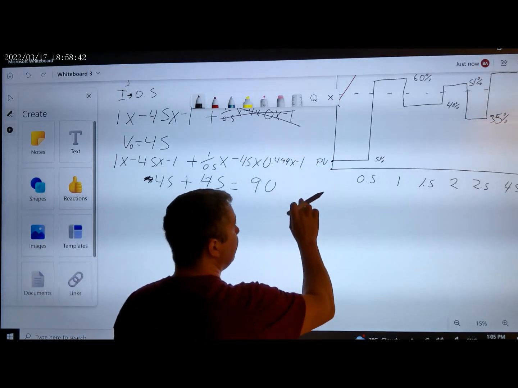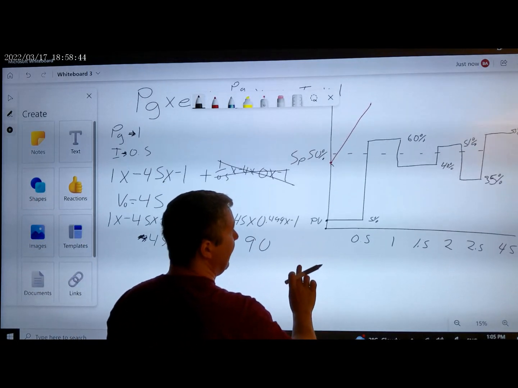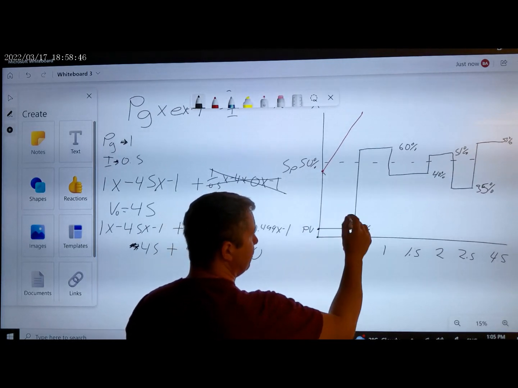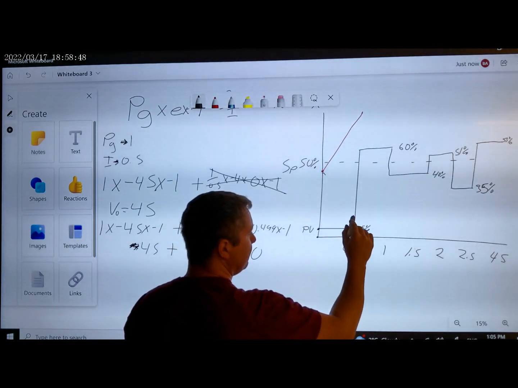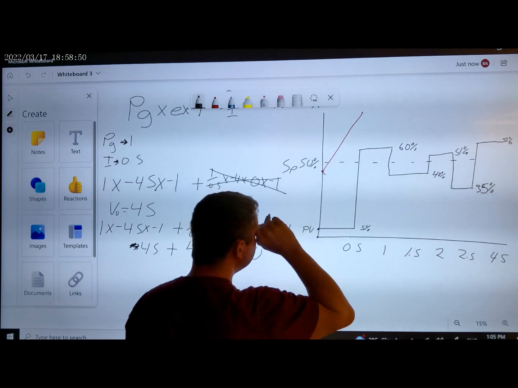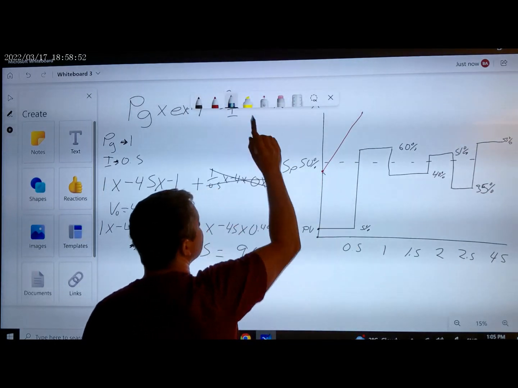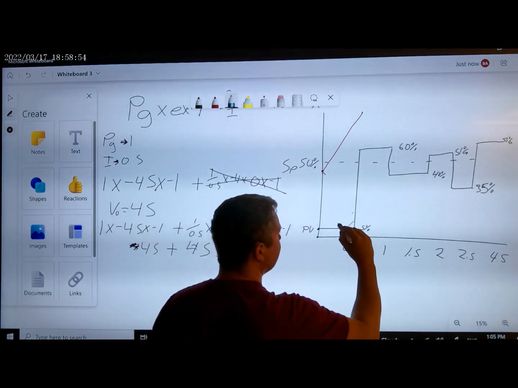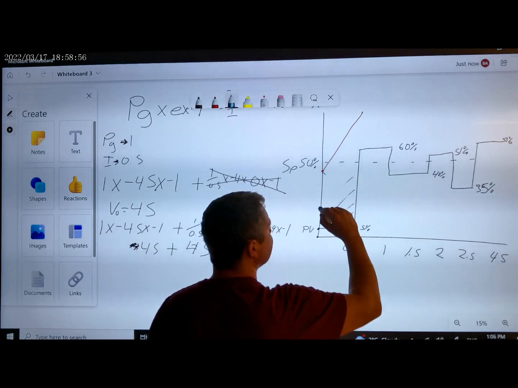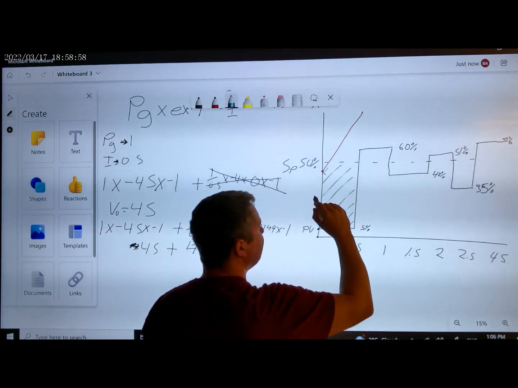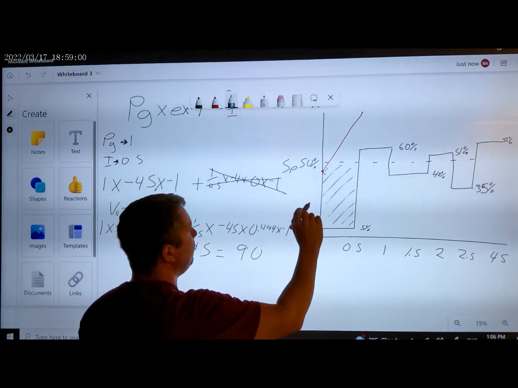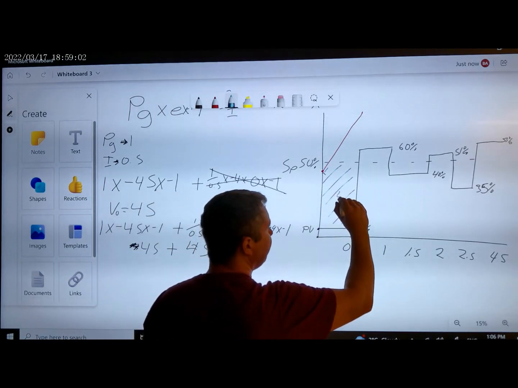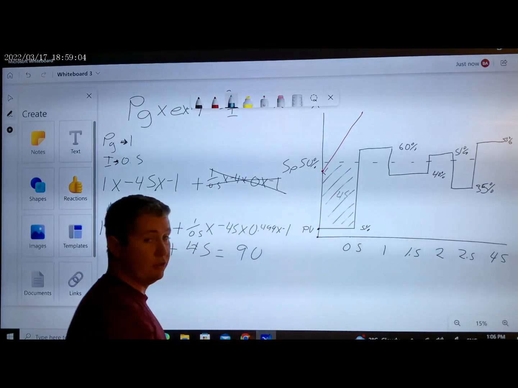You have to remember that we're going to add all these integrals together. So this whole integral, I'm going to actually color this in with a fancy color. So all this gave us an output of 45 in the integral portion.